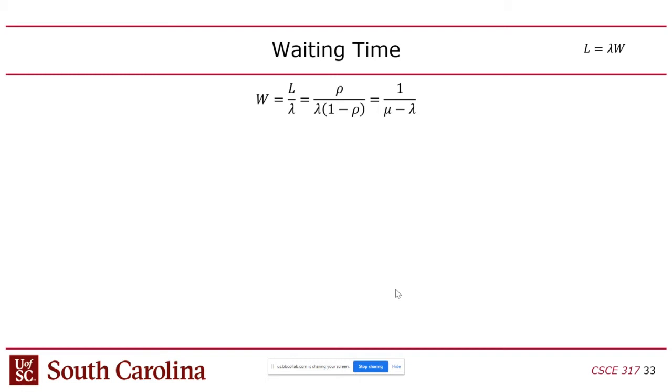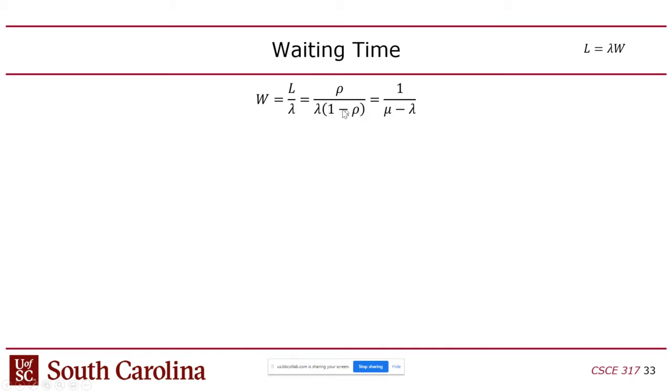The waiting time is L over lambda, because remember, Little's law said that L equals lambda W. So you rewrite that: W equals L over lambda. Now we know L, we know lambda, we plug those in, and you get rho over lambda times 1 over (1 minus rho). This is just plugging in and solving, right?